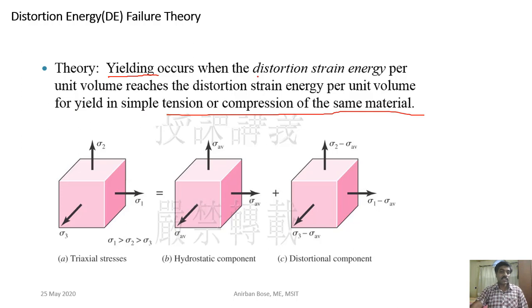That means if the distortion strain energy per unit volume of a component because of a general loading reaches the distortion strain energy of the simple tension test specimen corresponding to yielding, then that particular component is assumed to yield. Okay, this is the distortion energy failure criterion.